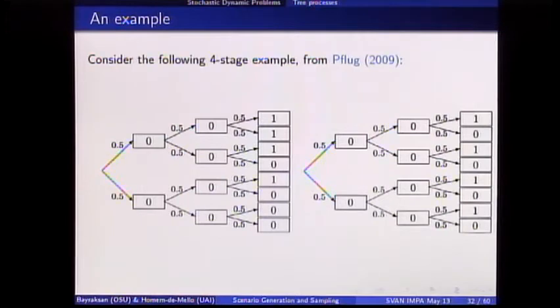Now consider another process, which is given by this tree structure here. What can you say about the distribution of these processes in these terms?